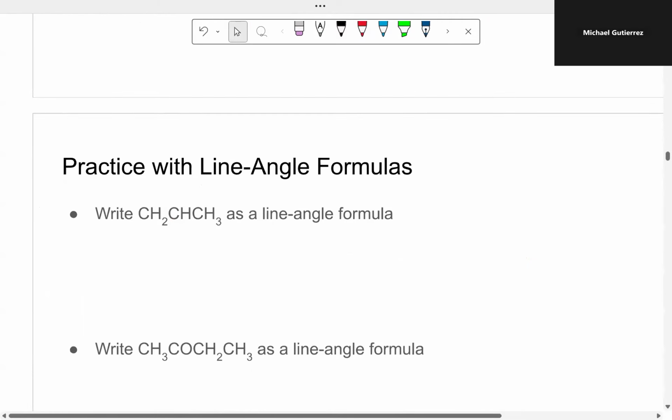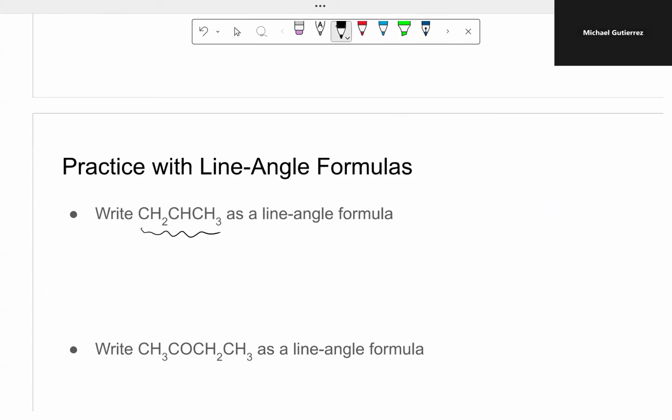All right, so here we're going to write this structural formula or condensed formula as a line angle formula. Now, this is kind of telling us what order the atoms should be in. I'm going to have 3 carbons in a row. If I were to leave it like this, I really want you to examine this here.